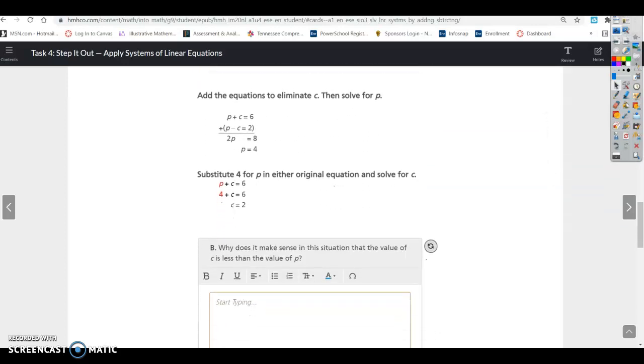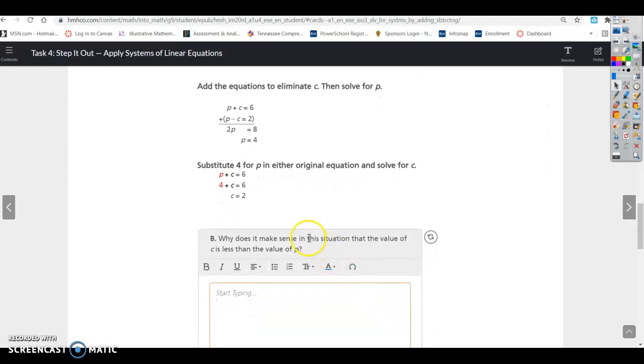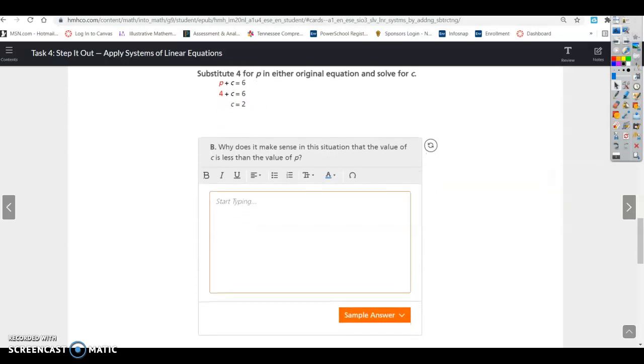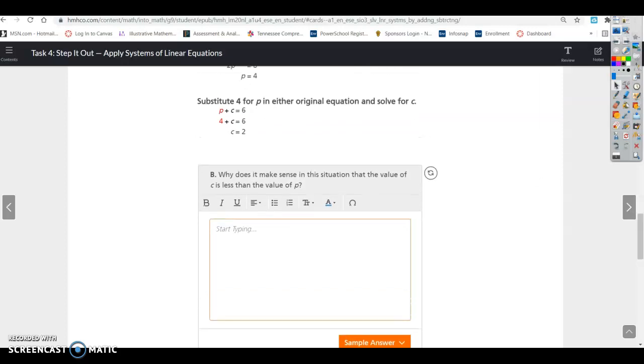And then it says add the equations to eliminate C, then solve for P. So they did this right here, what I did in my head just a second ago, P equals 4. Once you find P, you can plug that back in and find C as well. So the current is 2 miles per hour. All right, so why does it make sense in this situation that the value of C is less than the value of P?